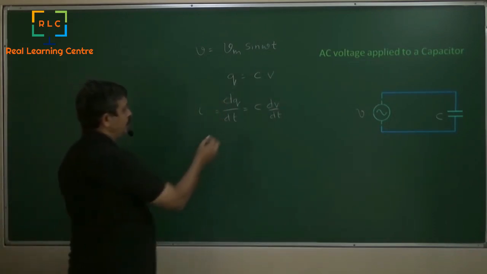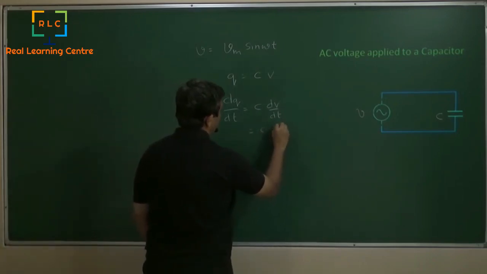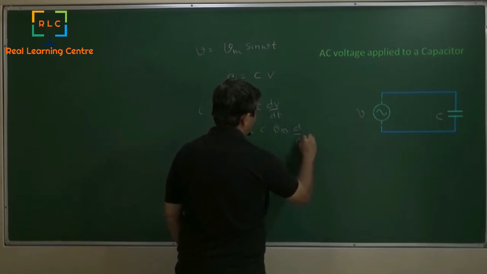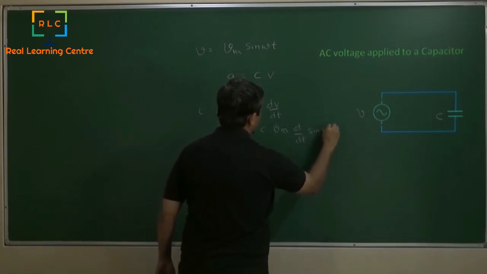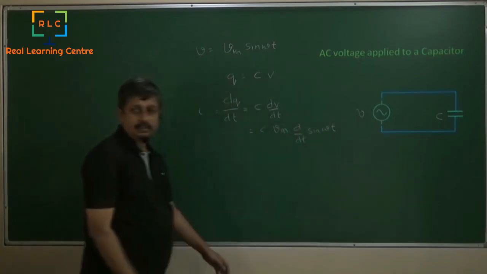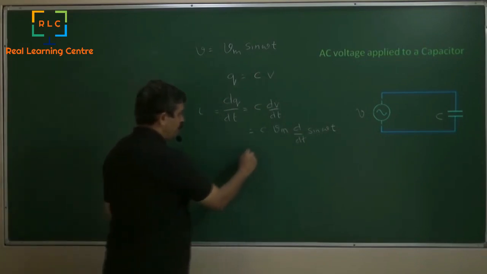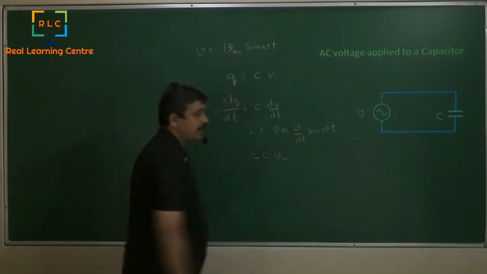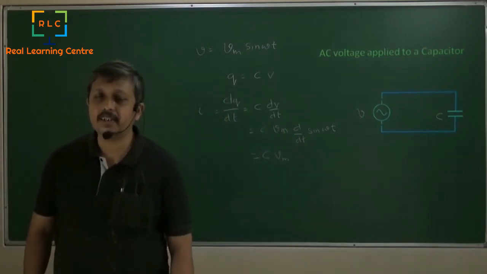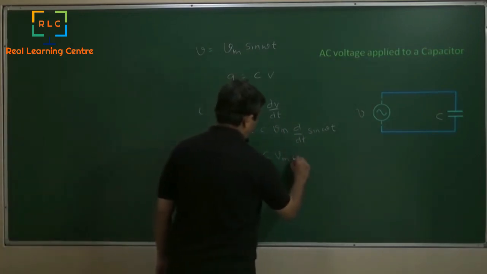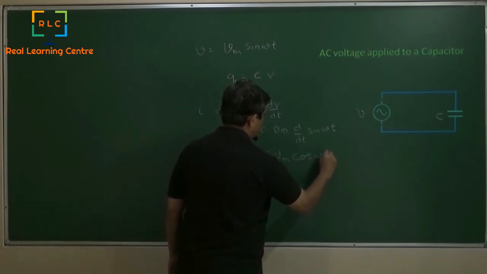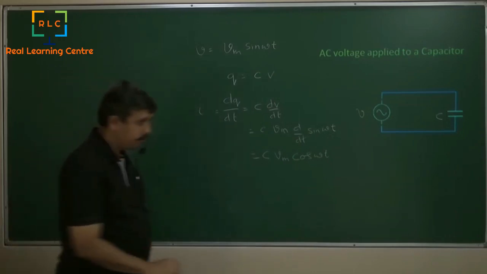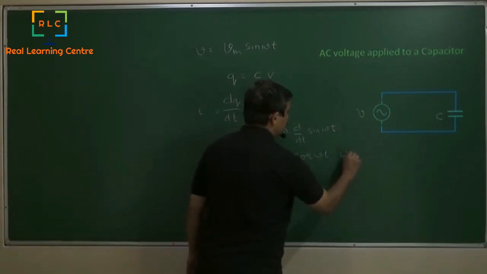Which is nothing but C into Vm into d by dt of sin omega t. If you differentiate, you will get cos omega t into omega, chain rule.